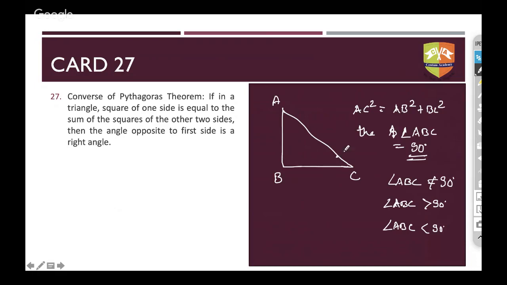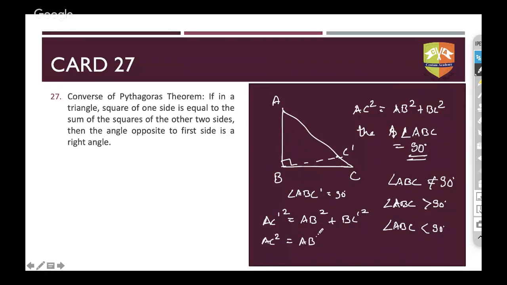That means you can find a point C dash such that angle ABC dash is 90 degrees. Then you can write by Pythagoras theorem that AC dash square is equal to AB square plus BC dash square. And then by given, you can write AC square is equal to AB square plus BC square.